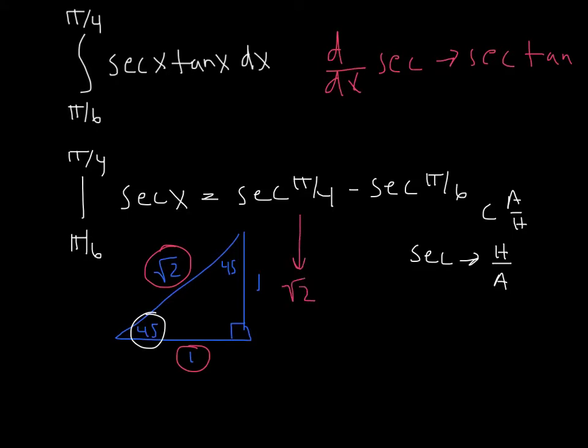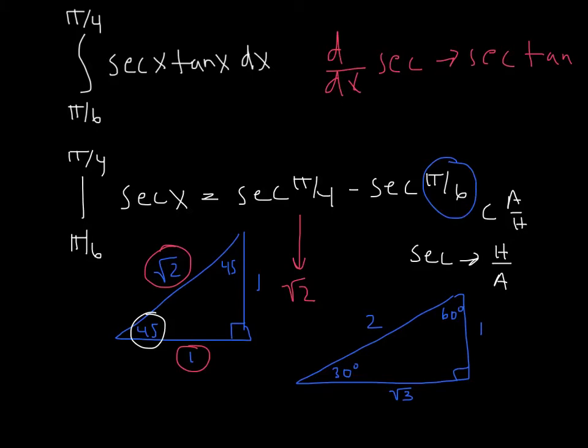And then if we take a look at the 30, 60, 90 triangle, so we'll call that 30, and we'll call that 60, and this is 90. Across from 30 is 1, across from 60 is root 3, and across from 90 is 2. So once again, pi over 6 is 30 degrees, and so we are looking at this angle right there.